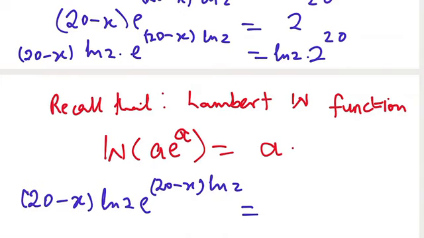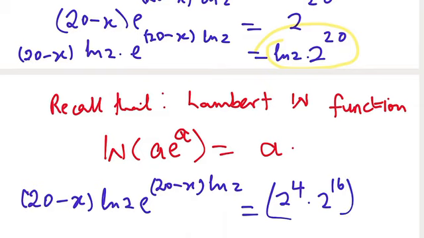now before we apply this Lambert function, I want us to do something here. You can have something like this: let's say we have 2 to the power of 4 multiplied by 2 to the power of 16, then ln of 2.